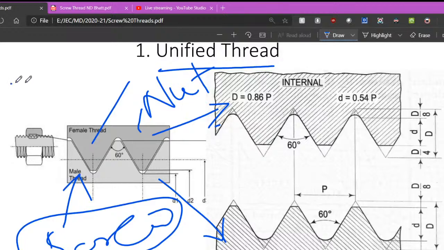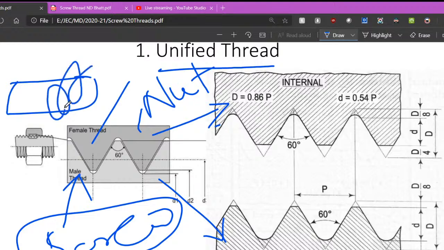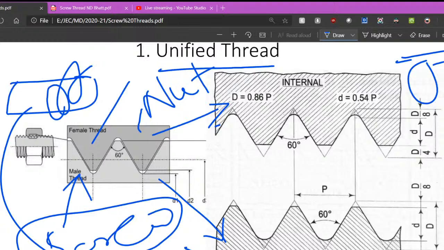So now you see this way. You have to prepare a bar and cut the thread on that. So for that you will prepare the internal and external thread, and there is a part where there is a hole and you have to produce internal thread so that you can assemble, you can join any two parts by use of this screw and nut. So you need to cut the thread inside the hole.